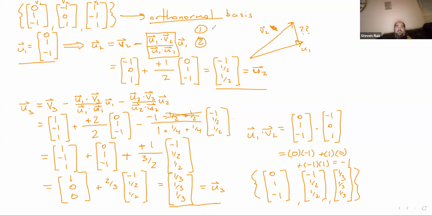We have to have vectors that are all orthogonal, and they all have to be normal. So what does it mean for a vector to be normal? A vector is normal if its magnitude is 1, if its length is 1. A set of vectors is orthogonal if you take them two at a time, and all those dot products are 0.